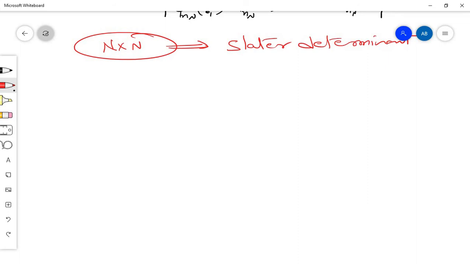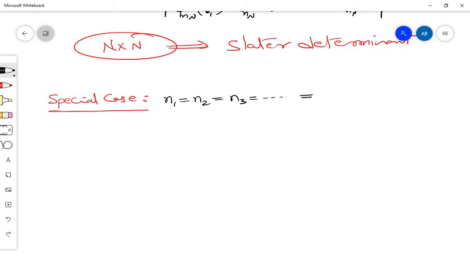The special case is that all particles are in the same state, that is n1 is equal to n2 is equal to n3 and so on up to nn. Then what happens?